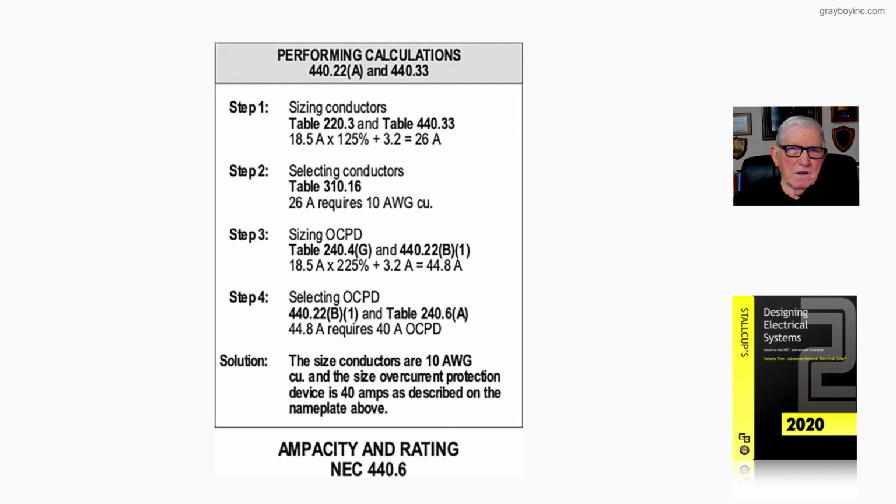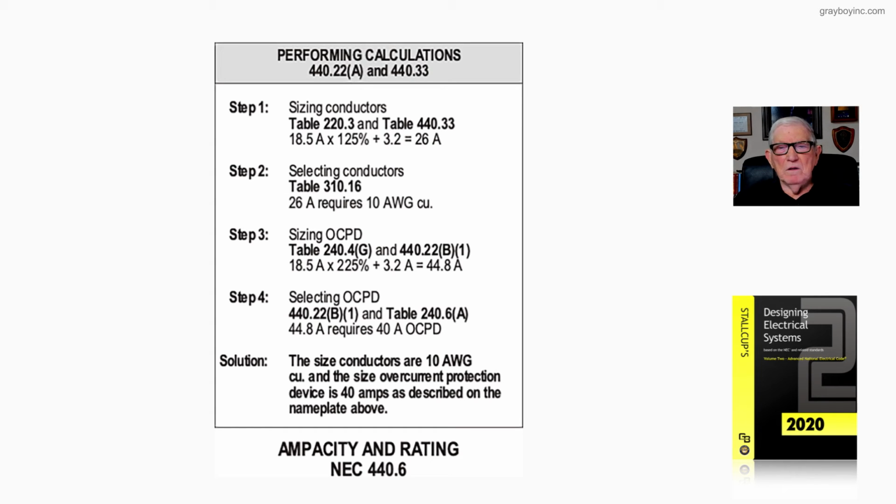Now notice there is no exception in 440.22A or 440.22B to let you advance forward above 44.8. So we round it down and we pick up in step 4 then.